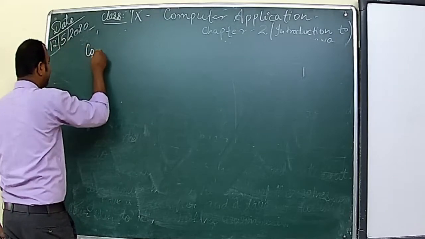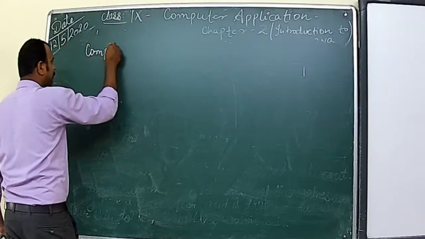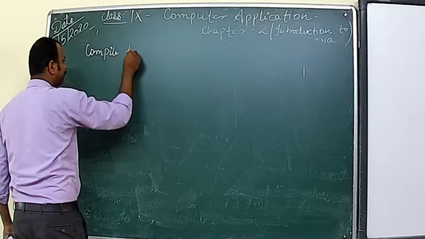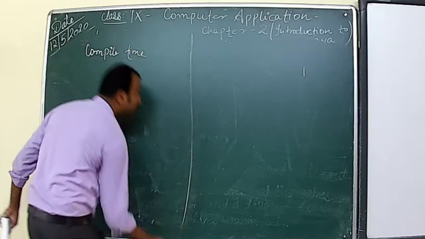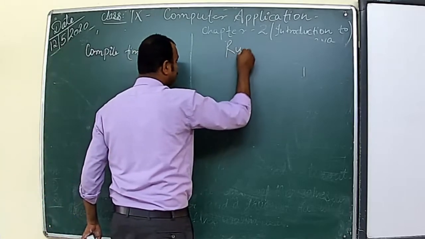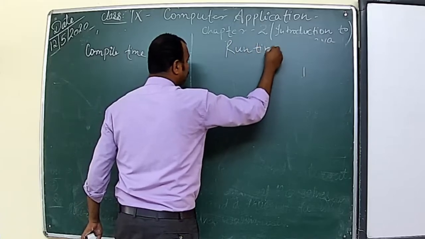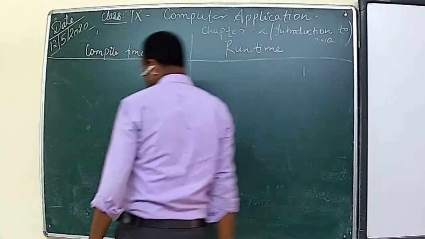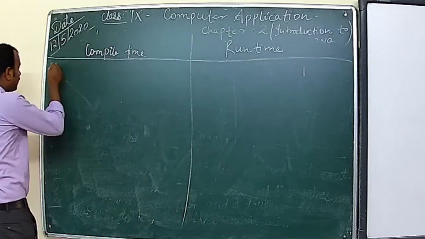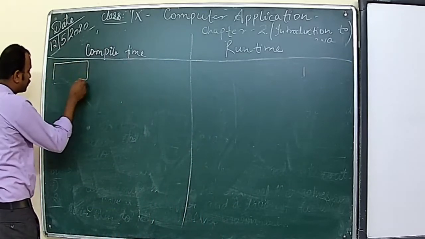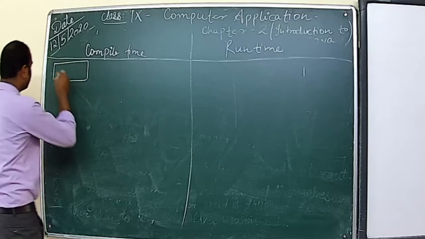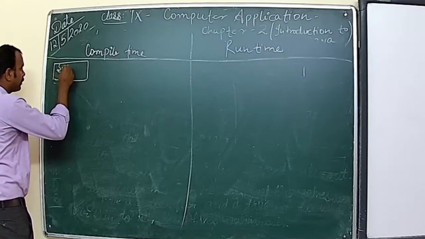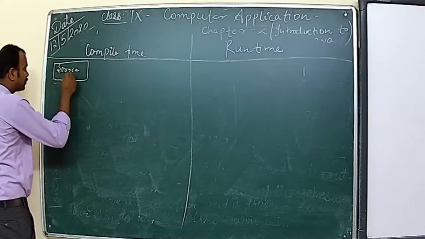Here we see compile time. And this is runtime. In compile time, this is your source code.